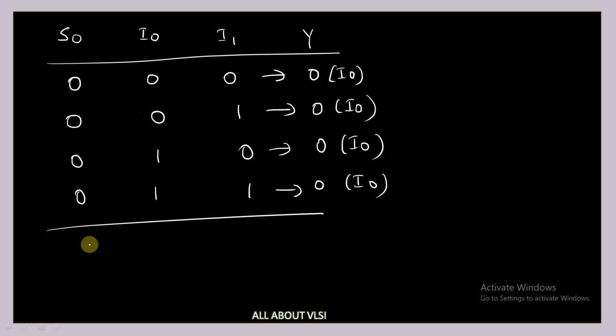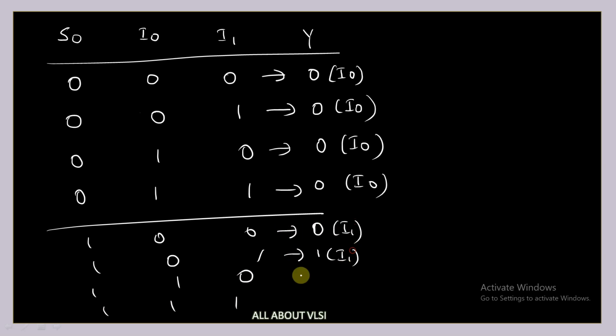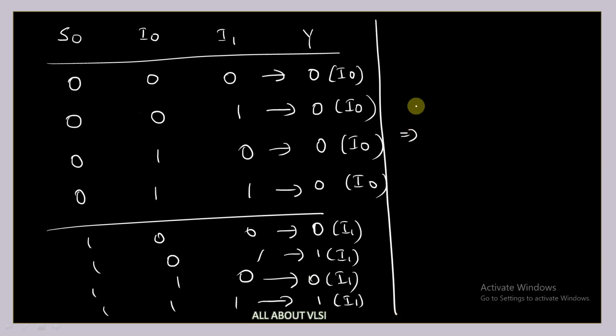And next 1 0 0, 1 0 1, 1 1 0, 1 1 1. Okay, so here your select line is 1, that is I1 is being given, and here I1 is being given, I1 is being given.